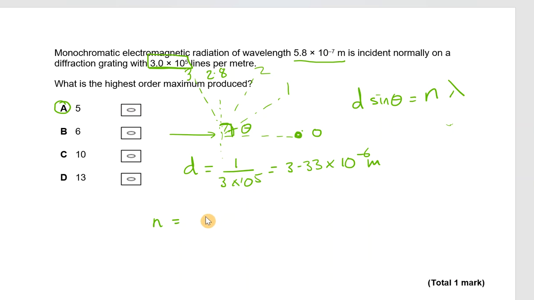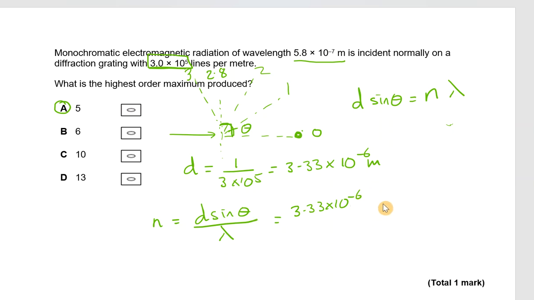Okay, let's rearrange the equation to give me n. The nth order is equal to the line spacing multiplied by sine of the angle over lambda. Well, sine of 90 degrees is going to be 1, so it's a nice easy calculation. So d, we've just worked out, is 3.33 times 10 to the minus 6 meters.